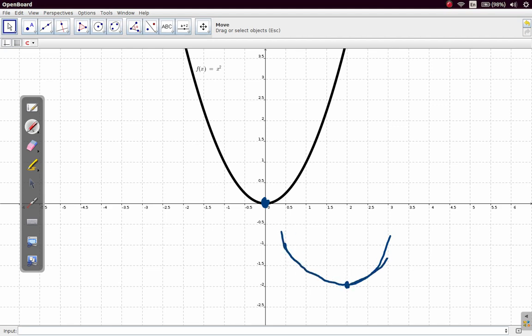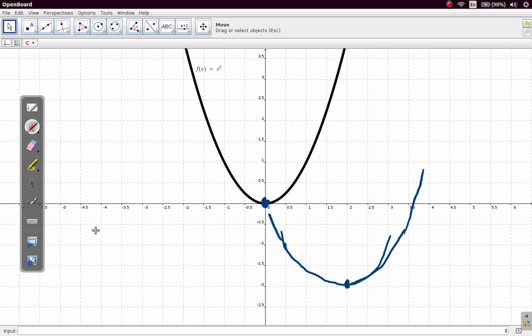You're presented in some test or exam with this graph and you're asked to write down the equation of this graph. It's a quadratic graph. It has a minimum point located at (2, negative 2). What would you write?